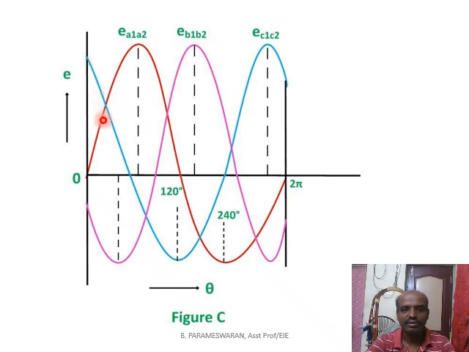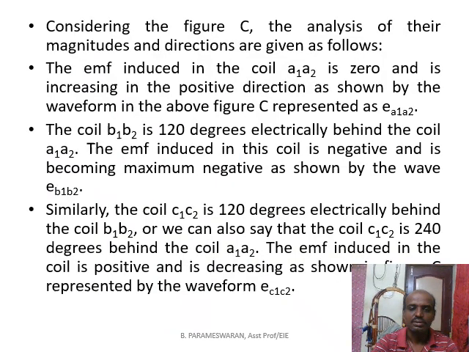It starts decreasing from the positive side and reaches 0, goes in the negative direction and reaches a negative peak, and then reaches 0 again. This is what we are discussing here. Actually, A1 A2 starts at 0 degrees and is increasing in the positive direction, and the coil B1 B2 starts 120 degrees electrically behind the coil A1 A2. As we told, that coil is in the negative direction and becomes negative as shown in your waveform.